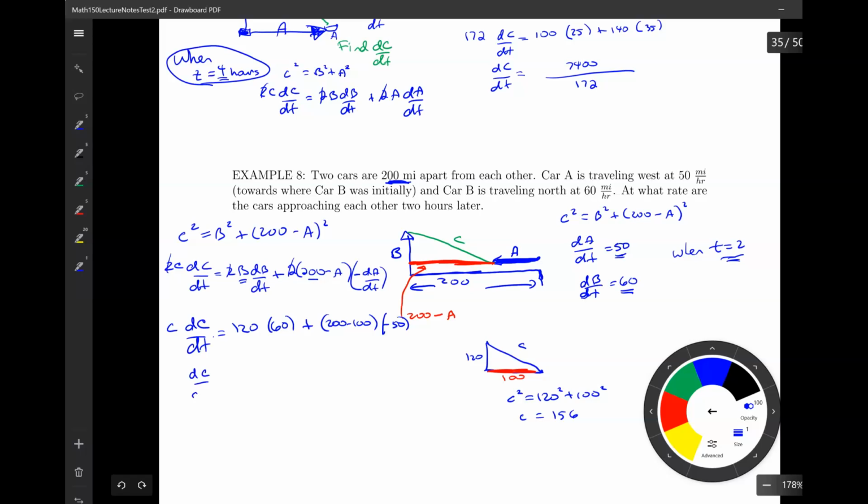So dc/dt gives me 7,200, and then this here is going to be negative, right? So I have 100 times 50, so 5,000, all over C, which is 156. So dc/dt is still a positive rate. They still are moving, the distance between them is still increasing.